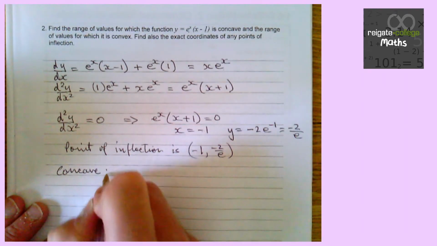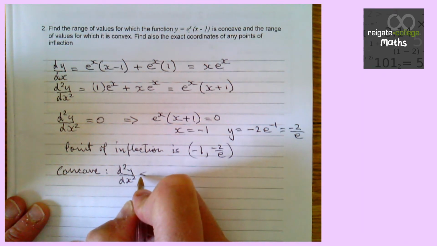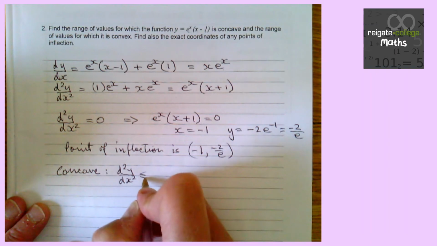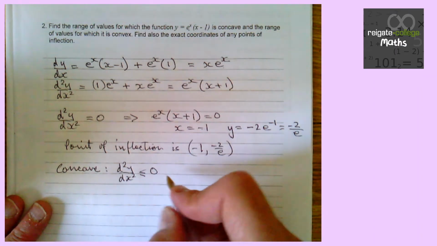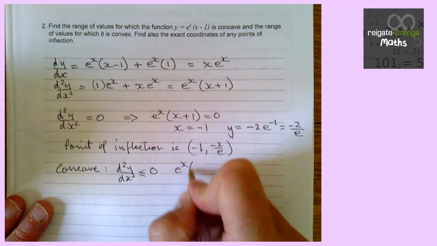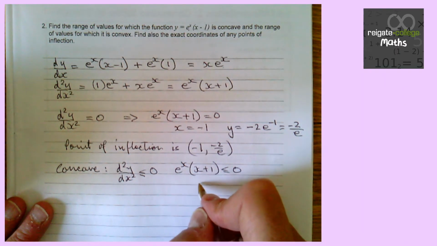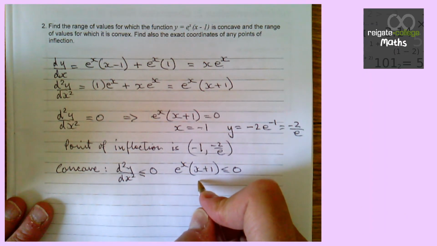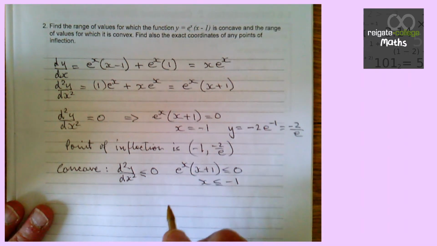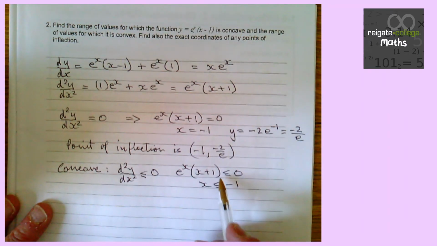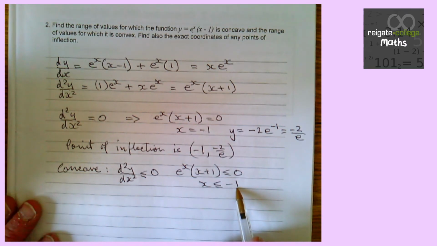We want d2y by dx squared to be less than or equal to 0. Well, that means that we've got e to the x times x plus 1 is less than or equal to 0. Well, we've seen from here it's exactly the same argument. That means x is less than or equal to minus 1. So that's the range of values for which the function is concave.